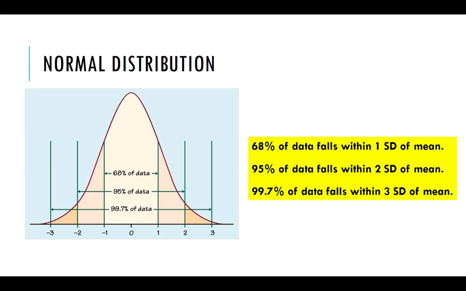So make sure you understand. 1 standard deviation would be more narrow. 2 standard deviations would be wider. 3 standard deviations would be even wider. So it makes sense that within 3 standard deviations of the mean, since that's a wider area, we're going to have more of the data falling between plus or minus 3 standard deviations of the mean.